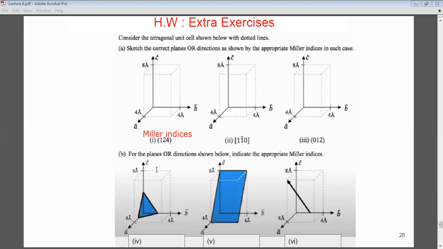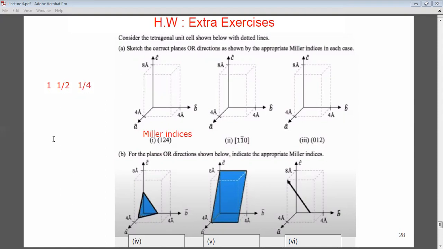Here we have to remember that to get the Miller indices, we take the intercepts and flip them. So if I get (1 2 4), it means it intercepts the x-axis at 1, the y-axis at 1/2, and the z-axis at 1/4.